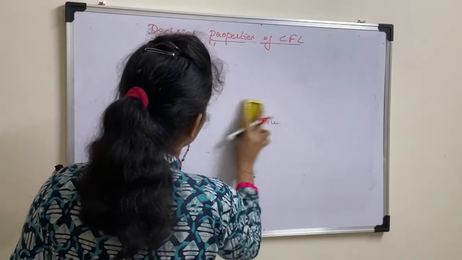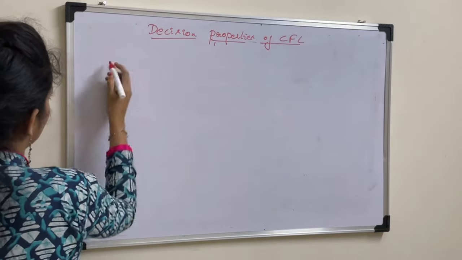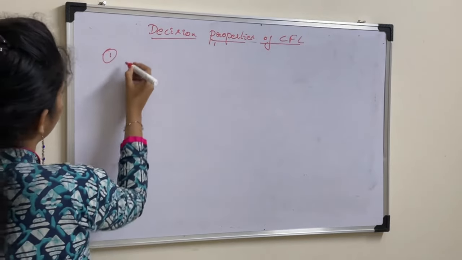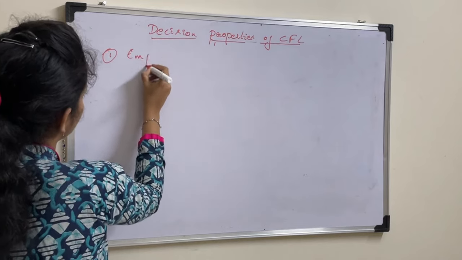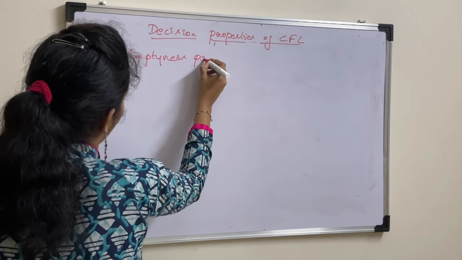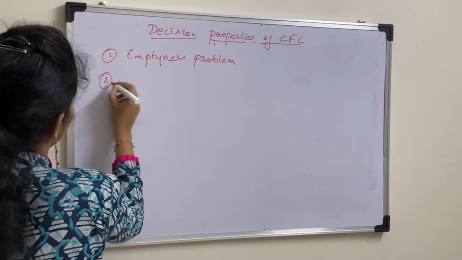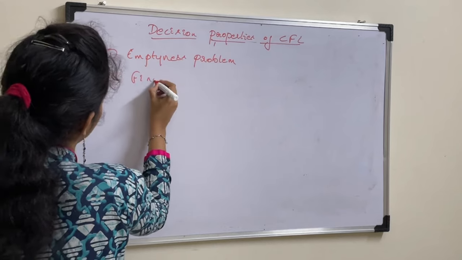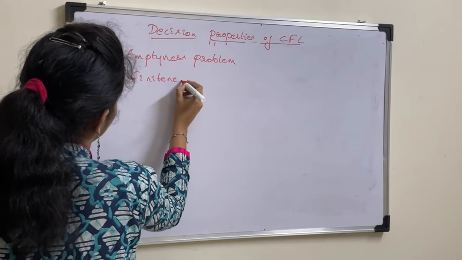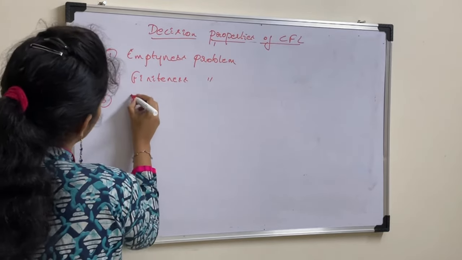Now let us see the properties. Here we have three properties. First one is the emptiness problem. Second one is the finiteness problem. Third one is the membership problem.